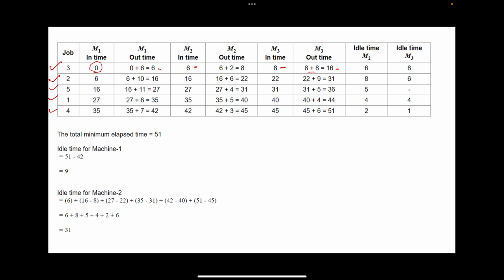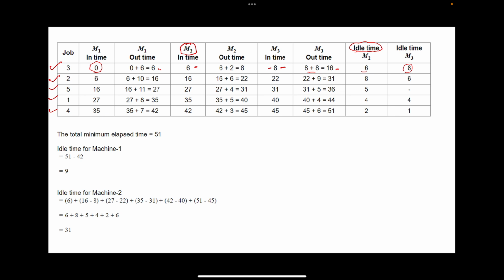Now the idle time for machine 2 is 6 because machine 2 needs to wait for 6 minutes for the job in machine 1 to be finished. The idle time for machine 3 will be 8 because it needs to wait for 8 minutes before the job can be started.